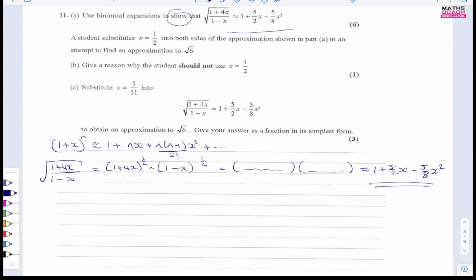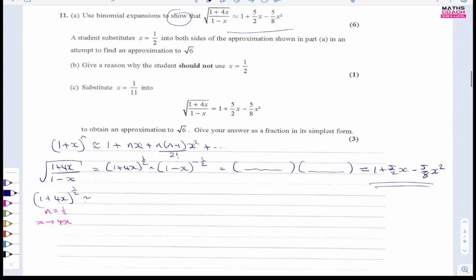So let's start with the expansion of 1 plus 4x to the power of a half. So in this expansion, we're saying that n equals a half, and x has been switched with 4x.